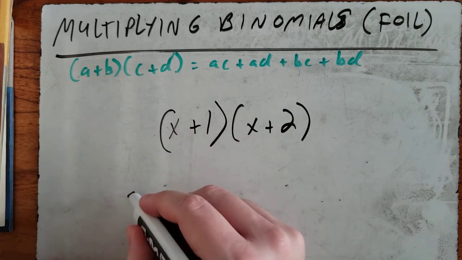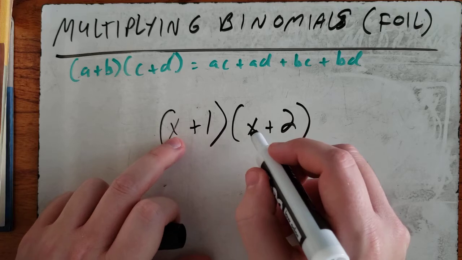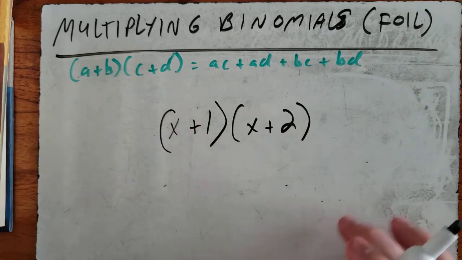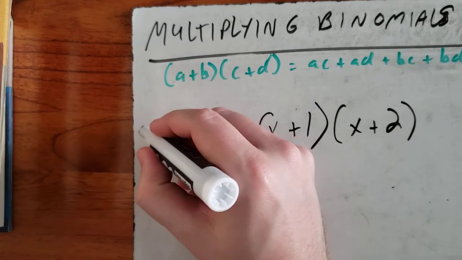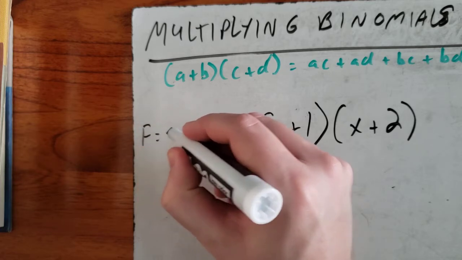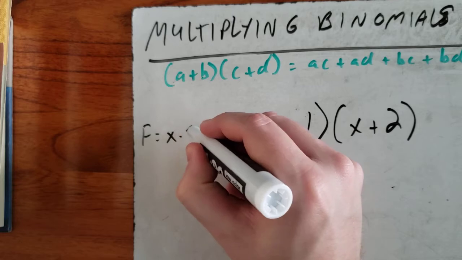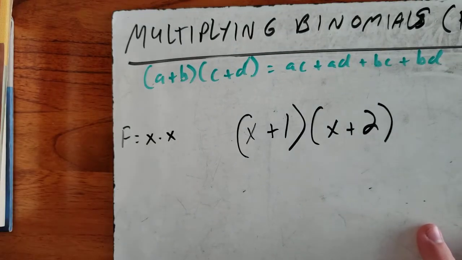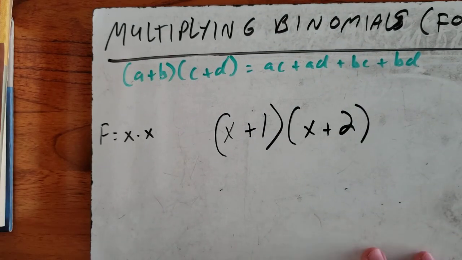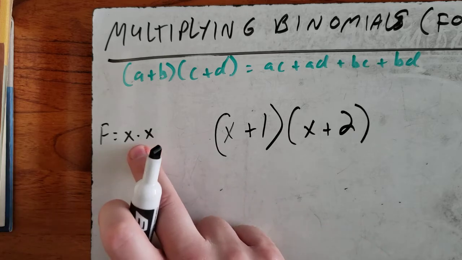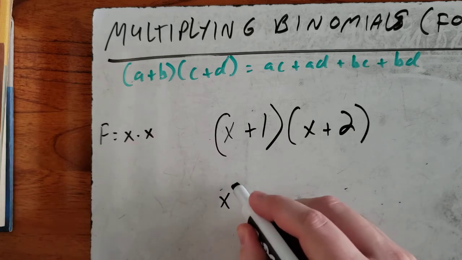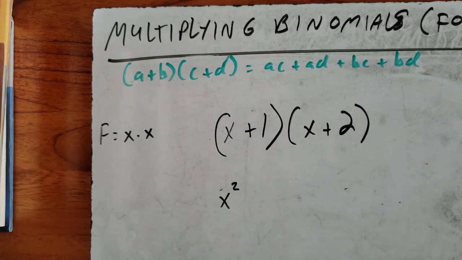So we're gonna have x times x, okay? Now, I can write this all out over here and go f equals our FOIL, x times x, okay? So then when we do x times x, we get x squared, all right?